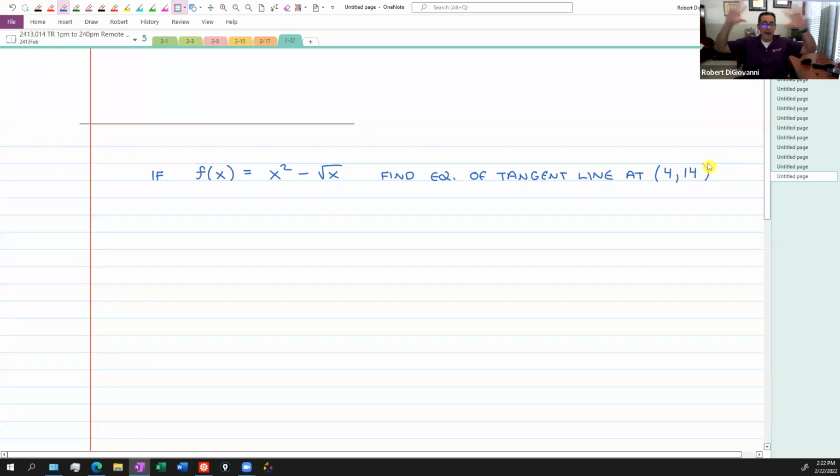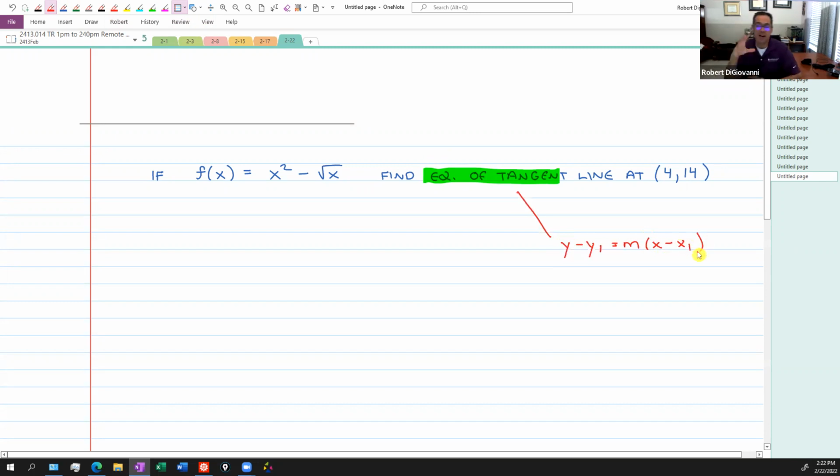All right, so we're going back now to earlier in this chapter where I said, go find the equation of the tangent line. In order to find it, you're going to need to use this formula, y minus y1 equals m times x minus x1.